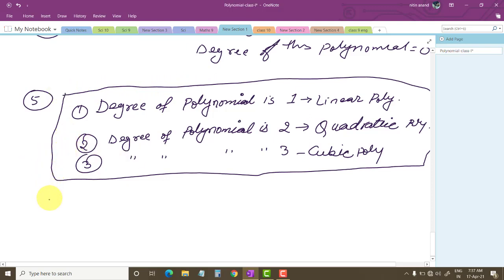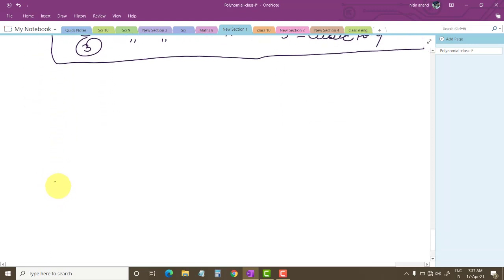Now we will see the first question of question number 5. The first question is x square plus x. This is our polynomial. Now we will see its degree and decide which type of polynomial this is.